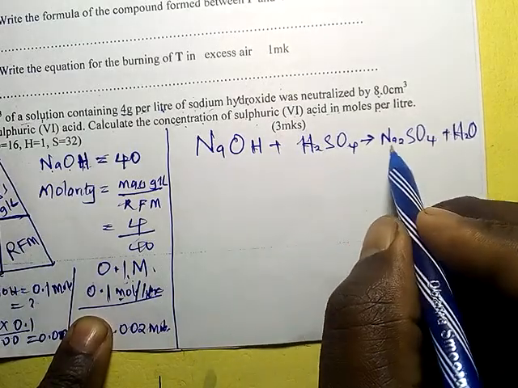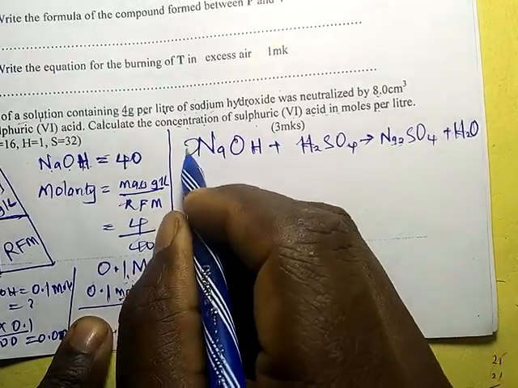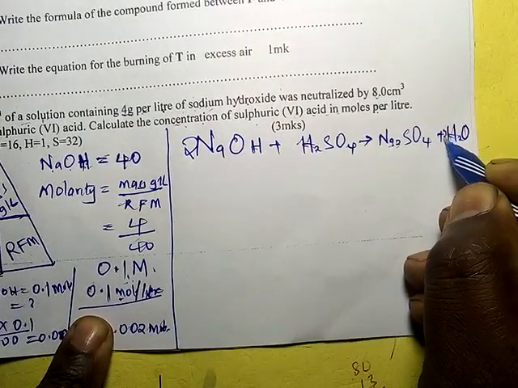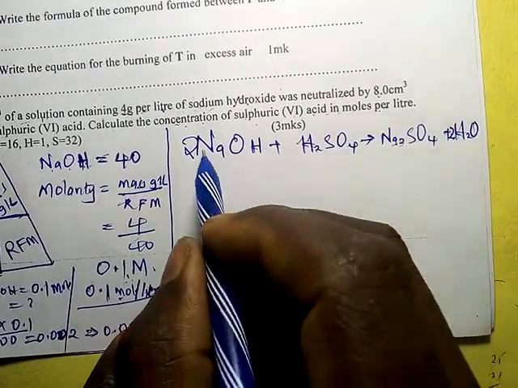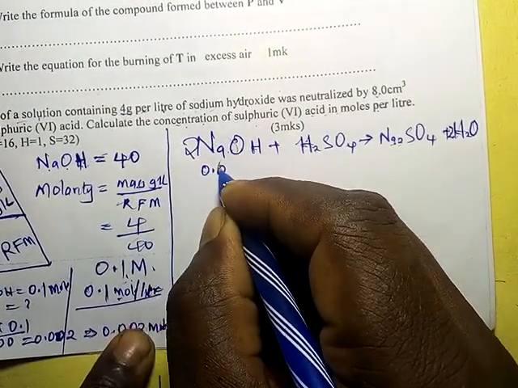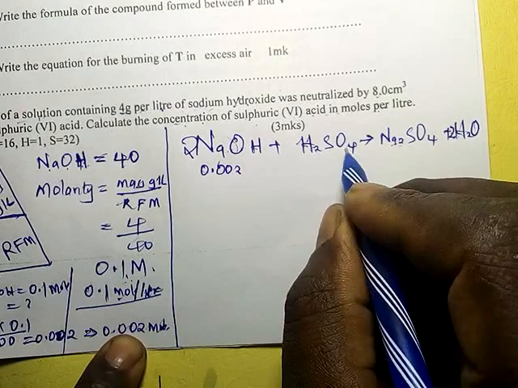We need to balance the equation. Sodium here, there are 2, so we put a 2 here. Hydrogens here are 4, so we put another 2 here. We have the number of moles of sodium hydroxide, 0.002, that reacted with this.